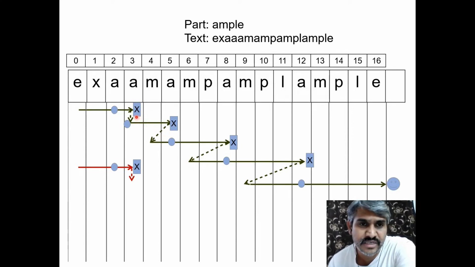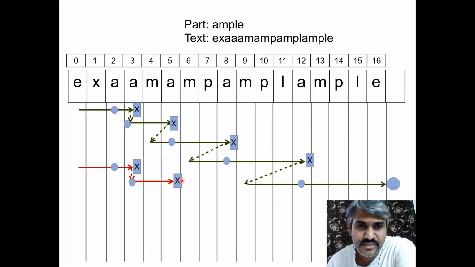Now that doesn't make any difference in this case, because even our straightforward implementation is starting right there at position 3. And now we go to position 5, where we have a partial match that fails.